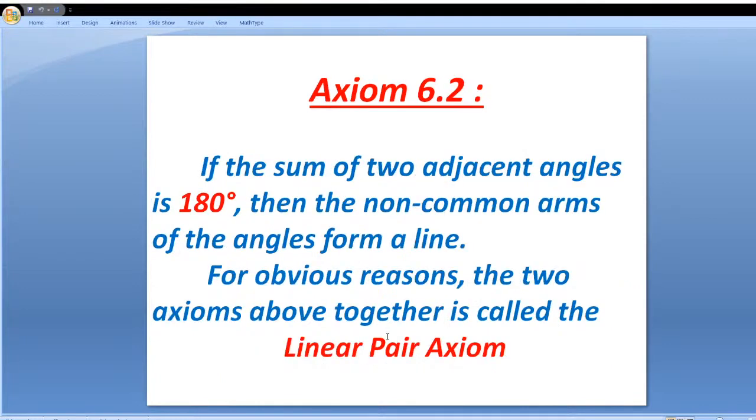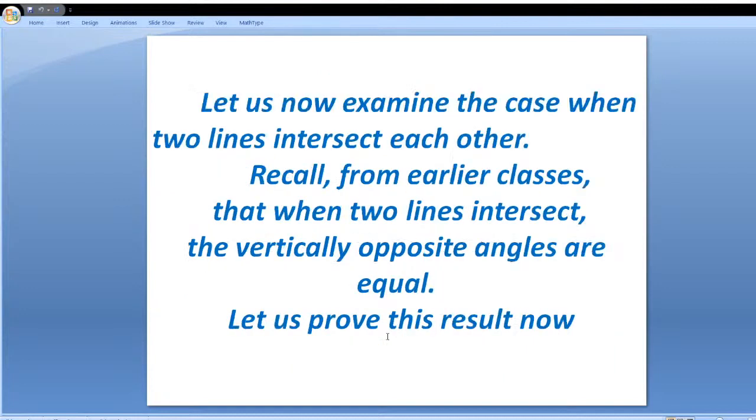And 6.2, if the sum of two adjacent angles is 180, then the non-common arms of the angles form a line. So let us now examine the case when two lines intersect each other. Recall from earlier classes that when two lines intersect, the vertically opposite angles are equal.